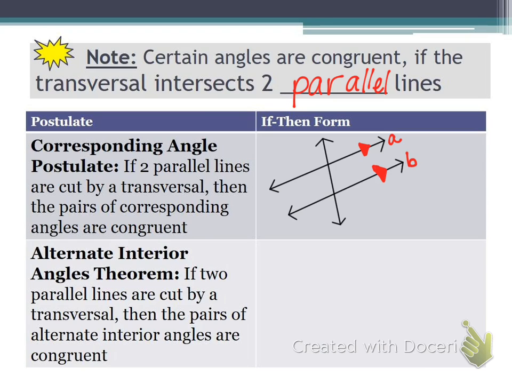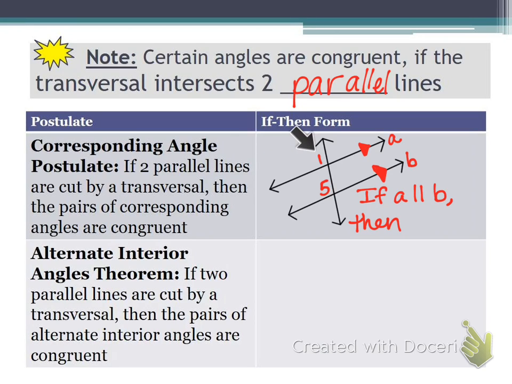And we need a pair of corresponding angles to be labeled. I'll label these angles as 1 and 5. If you used a different pair of corresponding angles, it would be okay. So if we're using this diagram, we could say that if A is parallel to B, then it says corresponding angles are congruent.